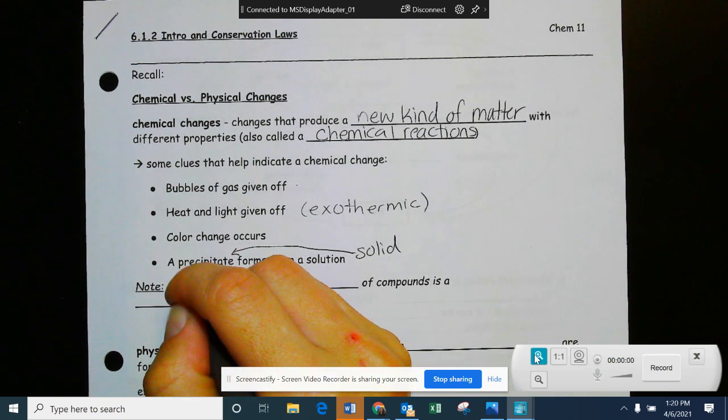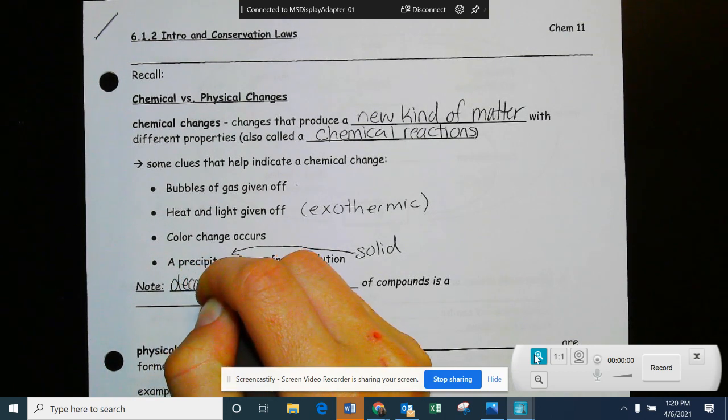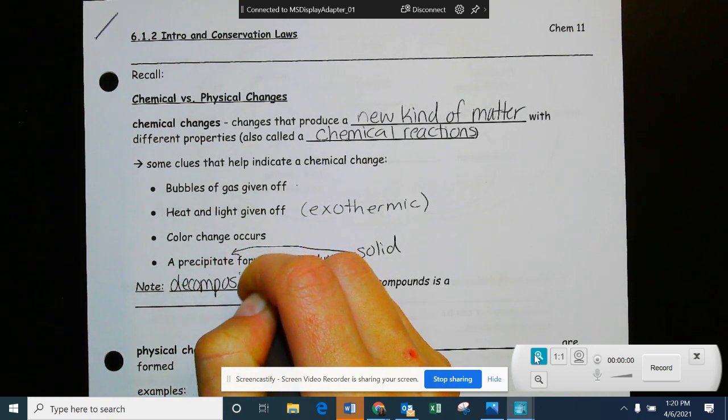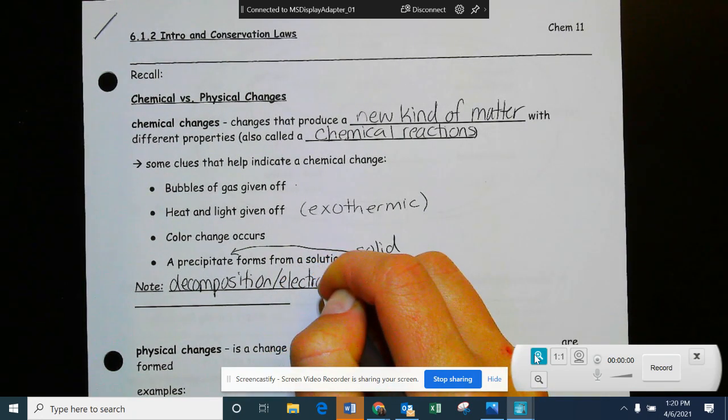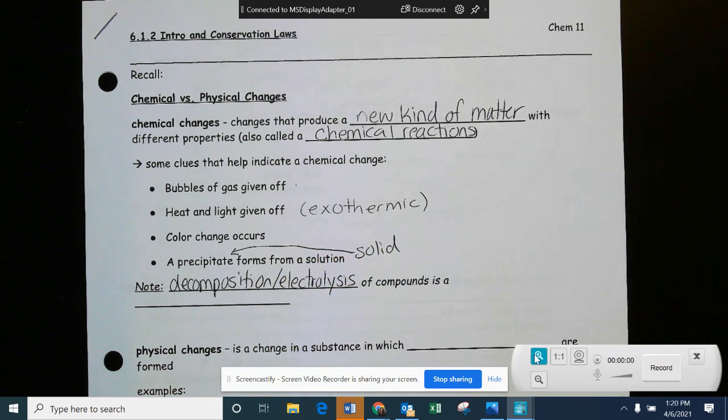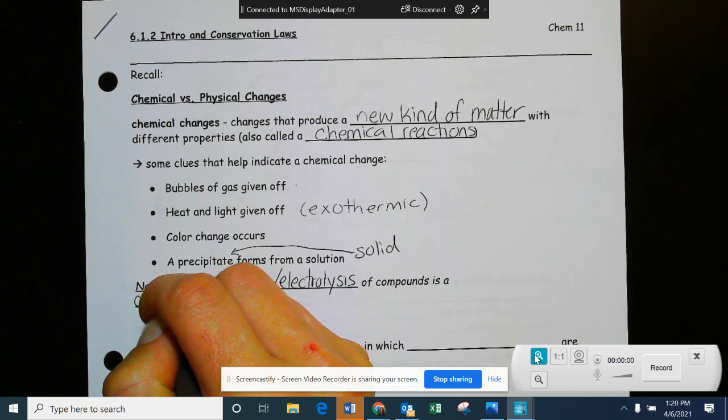And then a little note: decomposition and electrolysis of compounds are chemical changes.